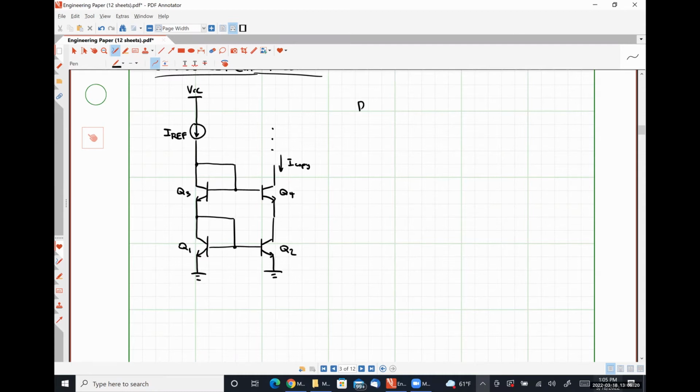Our output resistance, R out, we are not going to solve for because it's the exact same thing as the cascode current source that we dealt with earlier this week.